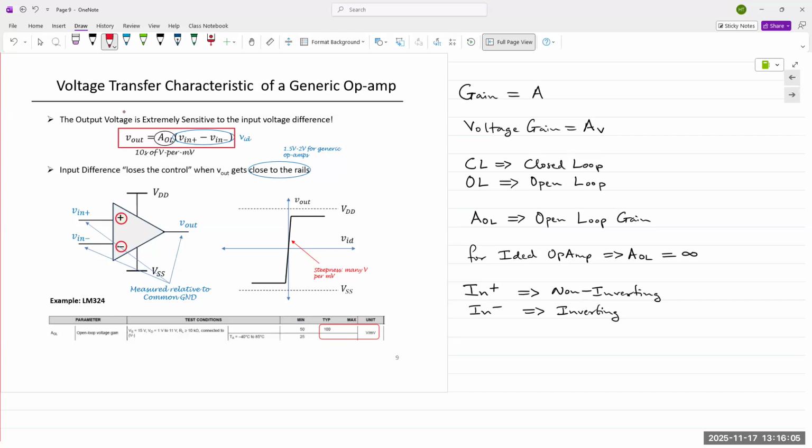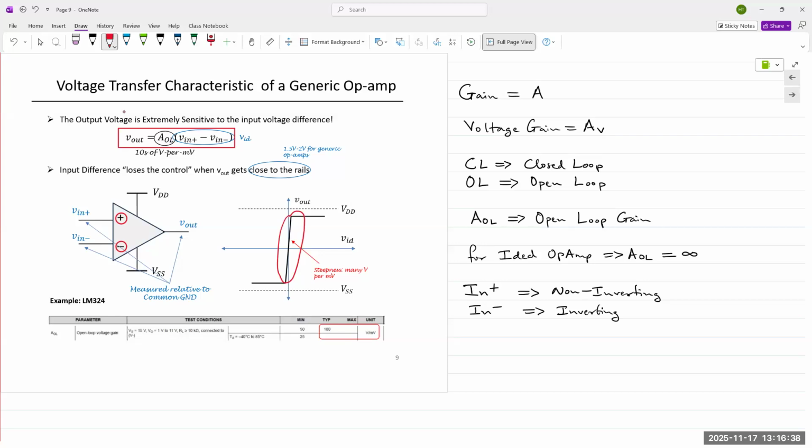So if we plot the voltage transfer characteristic, meaning how is the input voltage being transferred to the output? Well, V out will always be a multiple of V in. The multiple would be the gain A, right? So if you send in V in, you would expect it to be amplified and sent to the output, and you will obtain a linear line like here.